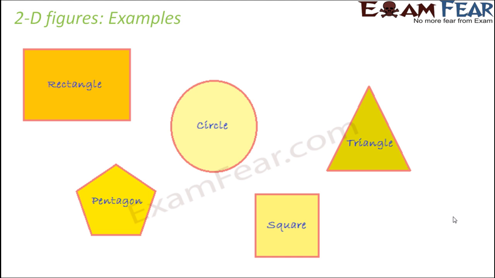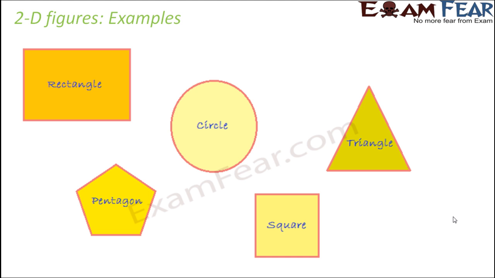Another interesting way to distinguish between two-dimensional and three-dimensional is that two-dimensional is something which you can actually draw on a sheet of paper. Even though we can draw three-dimensional figures also on a sheet of paper, but with certain strategies. But as such, let's say that you have a bottle of water.